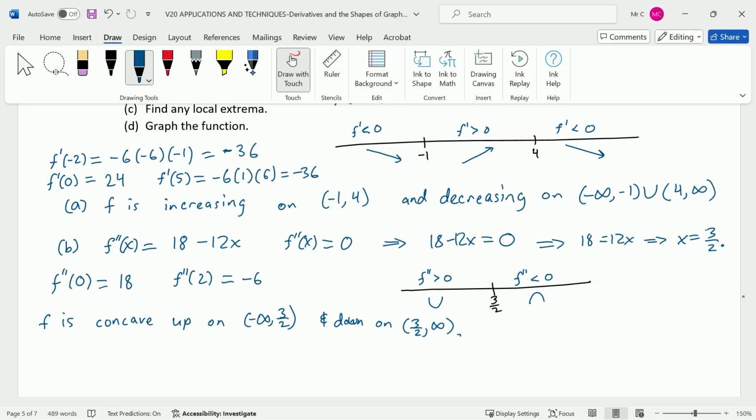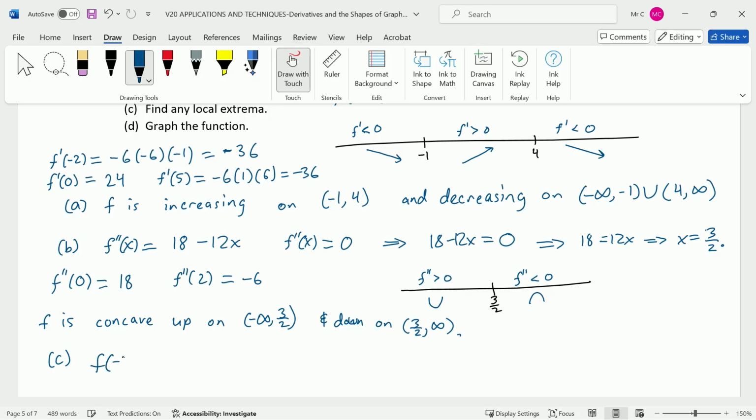Okay, so now we need to find the local extrema, and we can do that just by looking at our results from the increasing/decreasing test. So if we look at the places where the derivative is 0 or doesn't exist, the first one, -1, we're going from decreasing to increasing, which tells us there's a local minimum here.